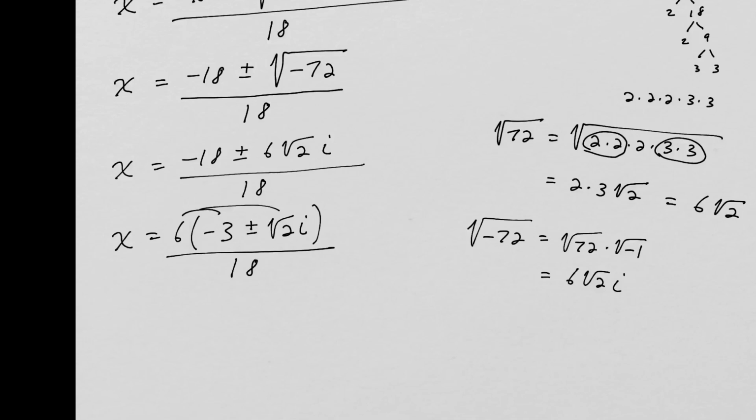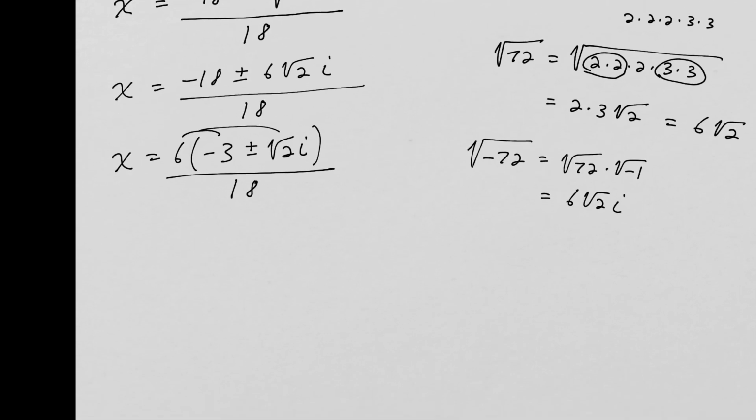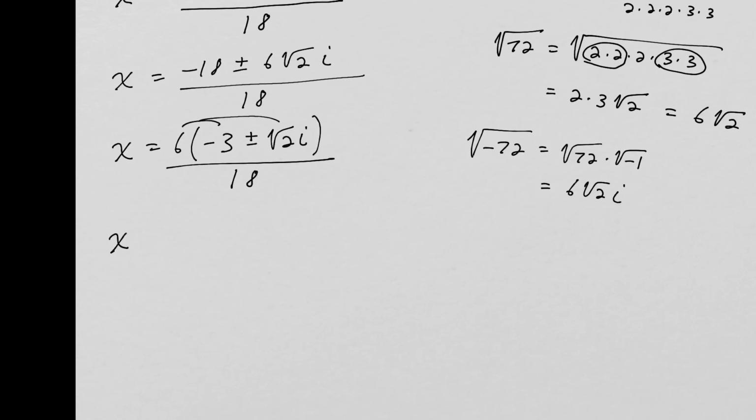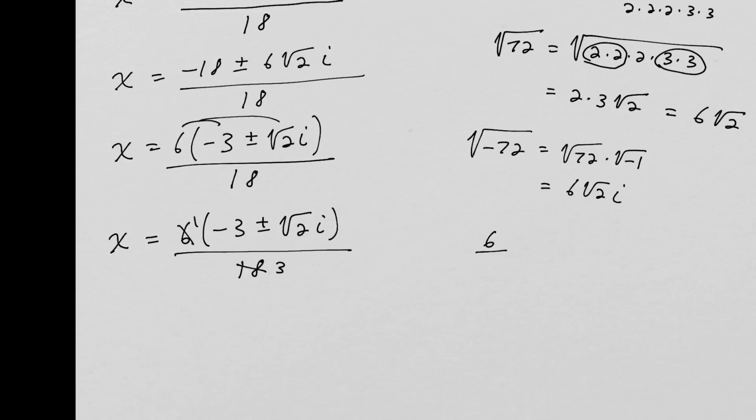Why is that helpful? Why do I need to do that? Because look what happens now. I can simplify 6 over 18, right? I'll write it one more time. 6 goes into 6 once, 6 goes into 18 3 times, right? 6/18 is the same as 1/3.